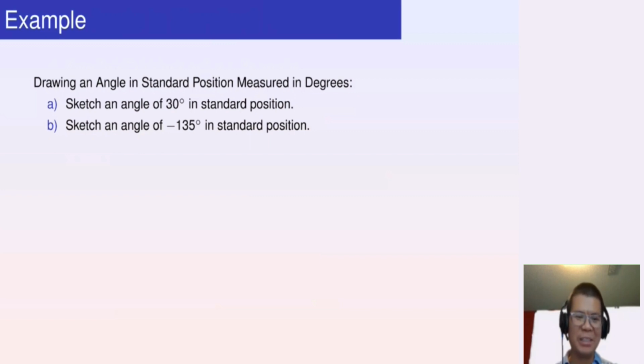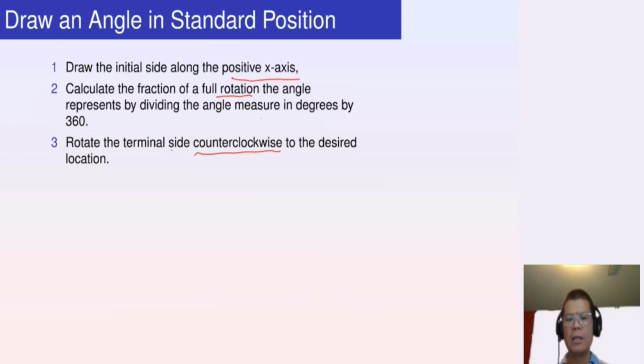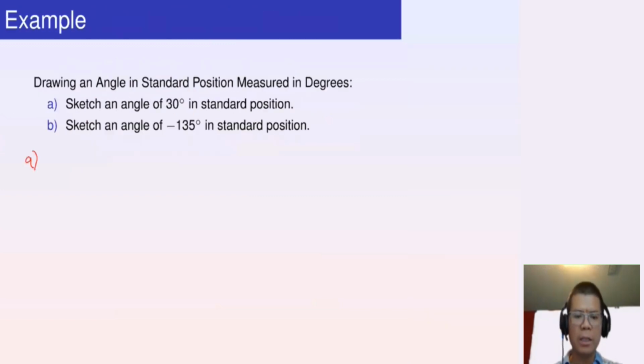So consider A. Firstly, we are going to follow this step: draw the initial side along the positive x-axis. So we are going to have an XY plane.